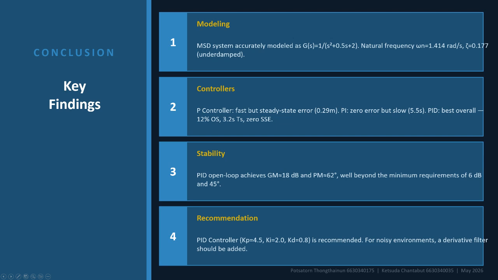With our parameters of mass equals 1, damping equals 0.5, and spring constant equals 2, we identified the system as being underdamped with a natural frequency of 1.414 radians per second and a damping ratio of 0.177. This low damping ratio is exactly why the system is so prone to oscillation, making it a perfect candidate for advanced control design.